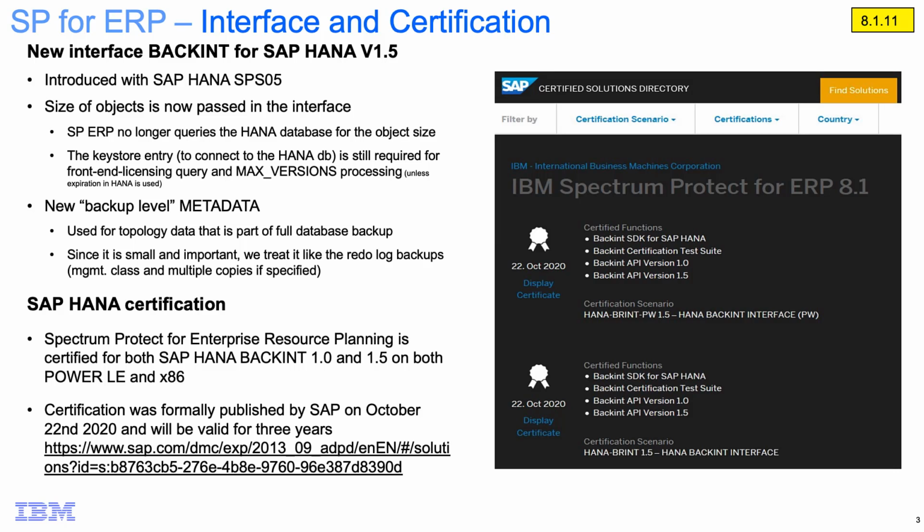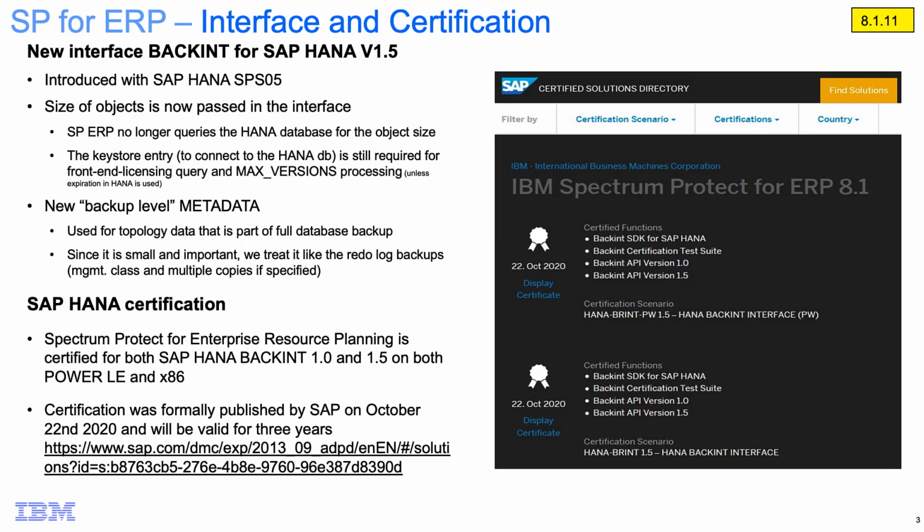That interface was introduced with SAP HANA SPS 05. There have been some differences in the size of the objects that are now passed in the interface, and also a new backup level for the metadata.